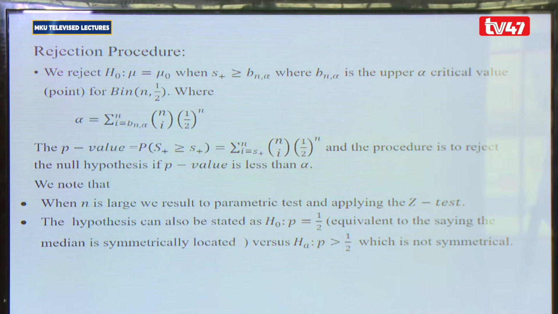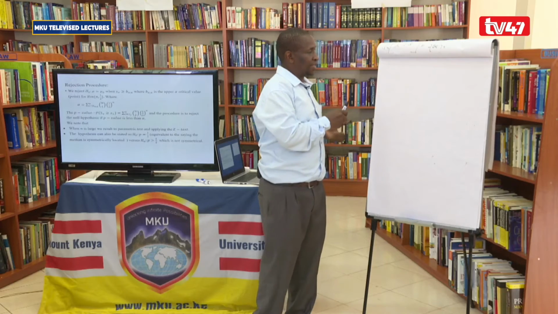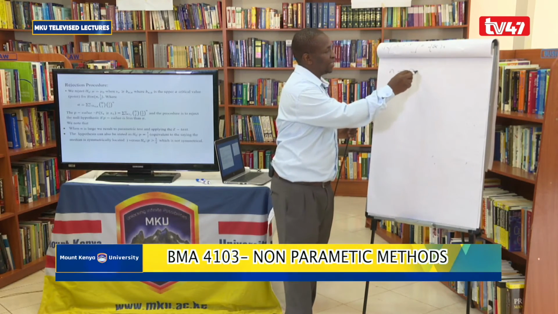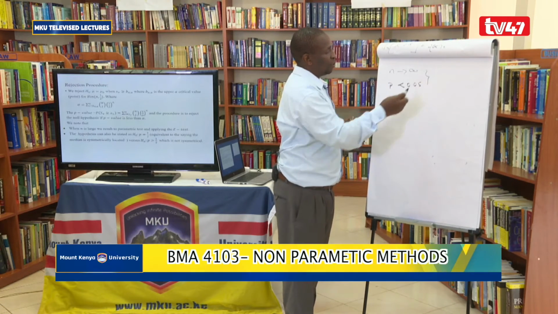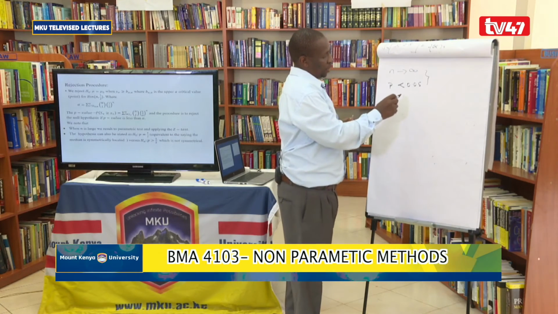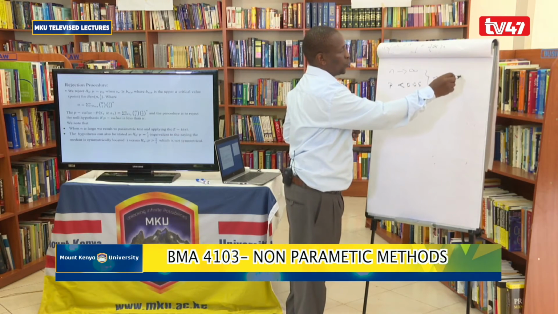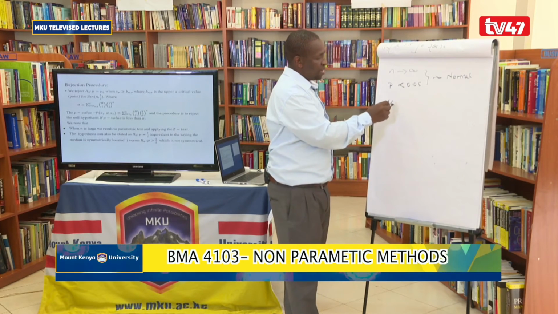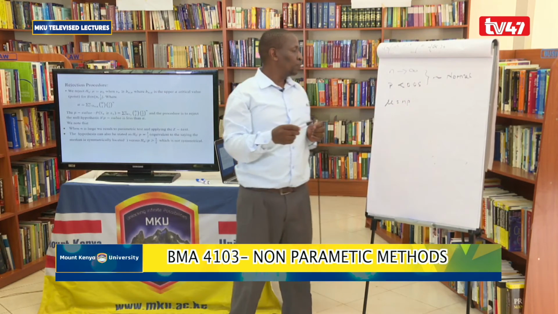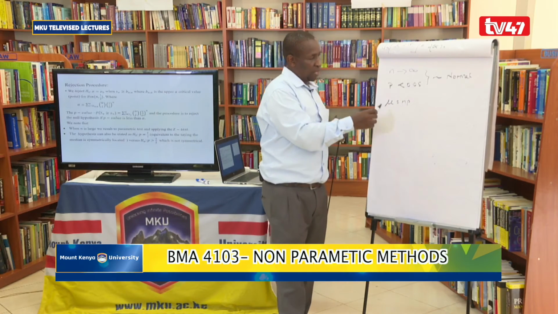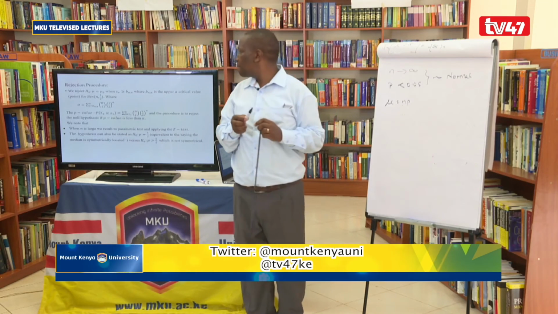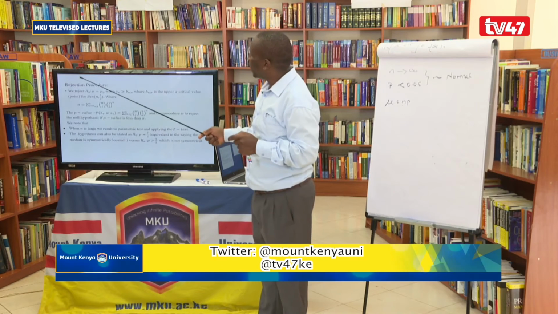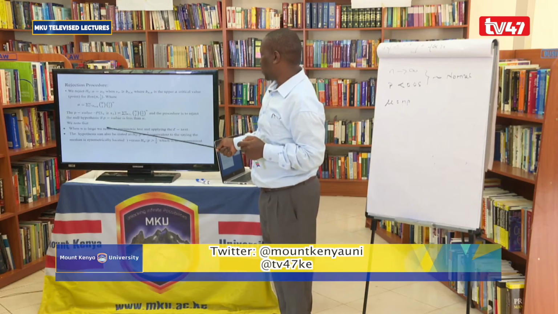It's a fact that when n approaches infinity and p is less than 0.05, the binomial distribution tends to the normal distribution, and the mean is equal to np, so that we can now approximate and resort to parametric tests instead of non-parametric tests if the sample size is large.